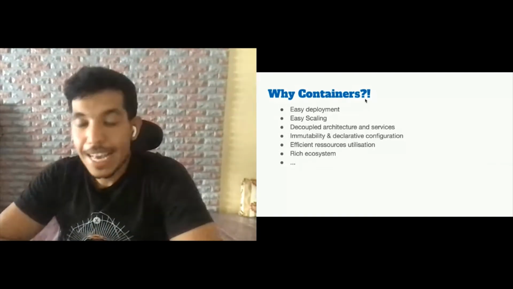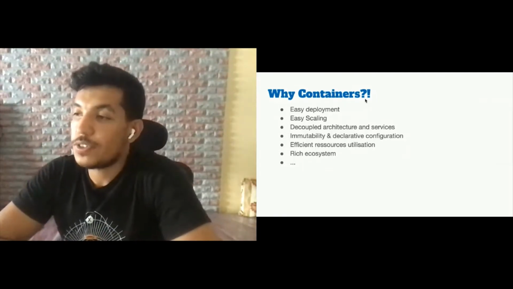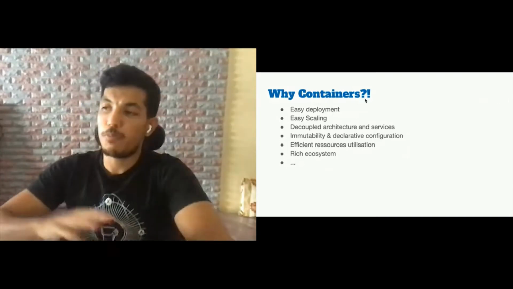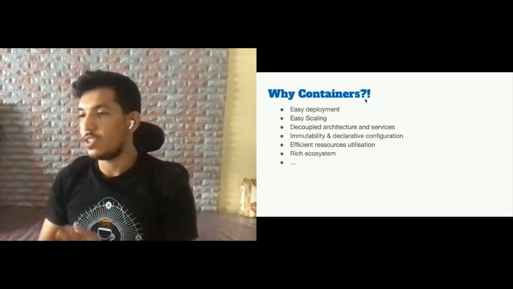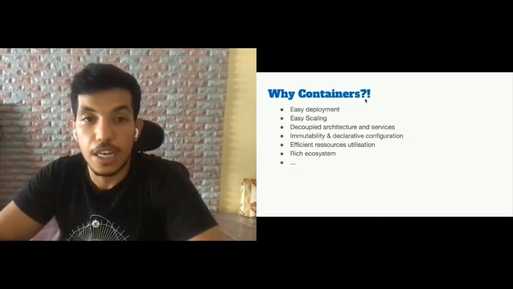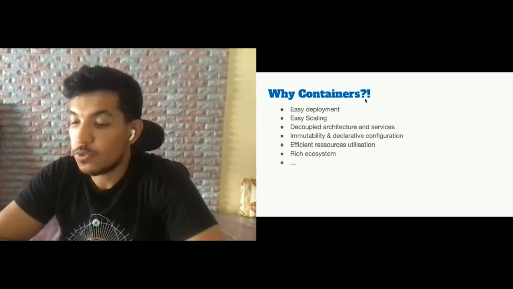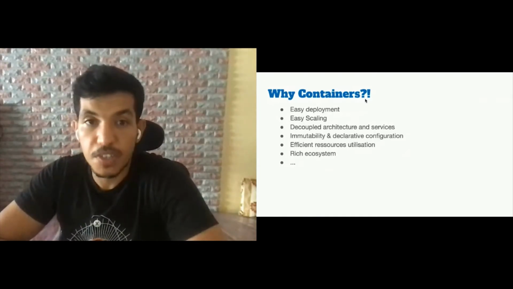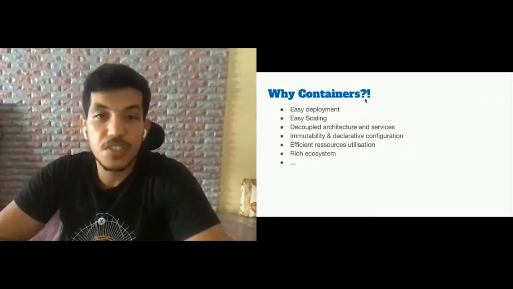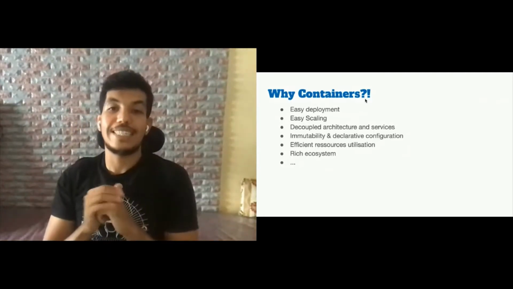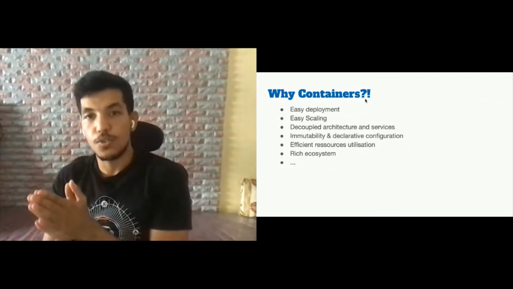The backbone technology behind containers, and you probably know that, but if not, I will give a quick intro, is basically two things: namespaces and cgroups. Namespaces are used for providing different isolated views of the system.